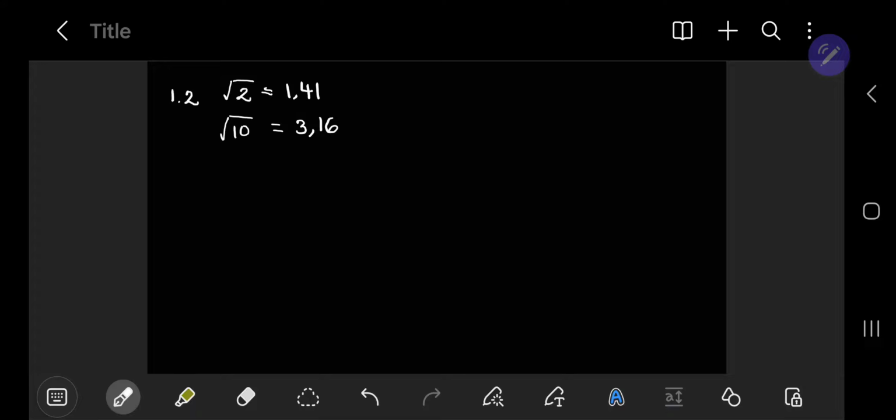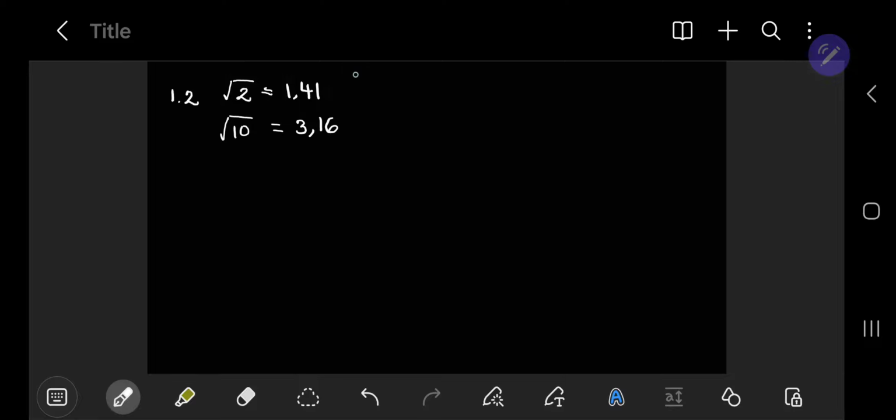Now let's understand what they want from us. Between these two values, they want two values that are rational. Now, also remember that whole numbers are rational. So the whole numbers that lie between these two values would be 2 and 3.